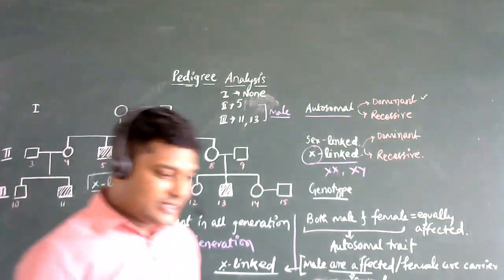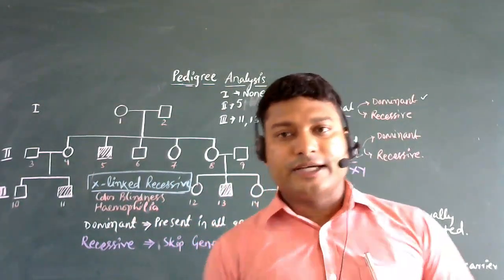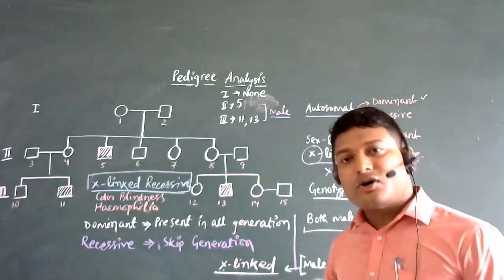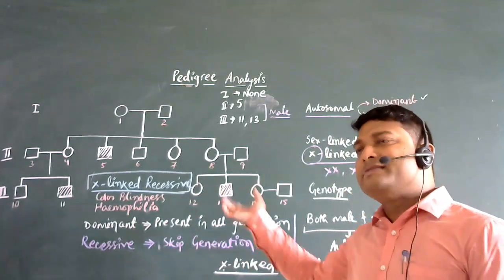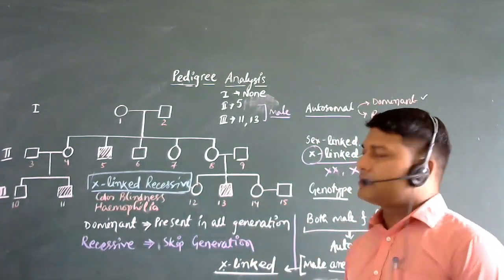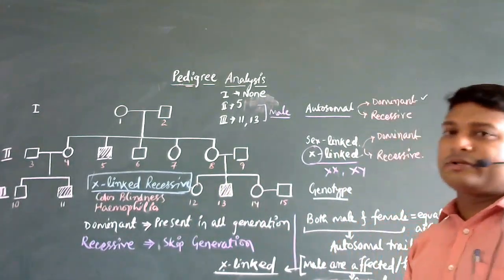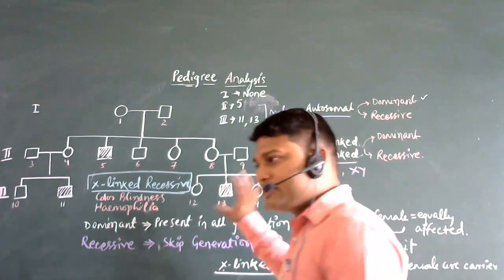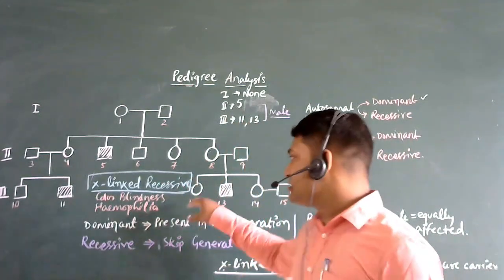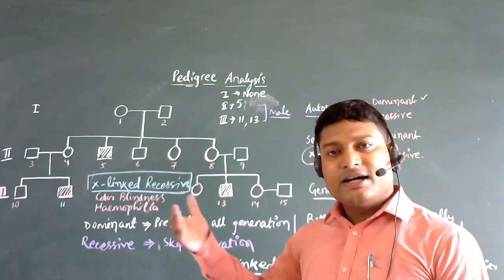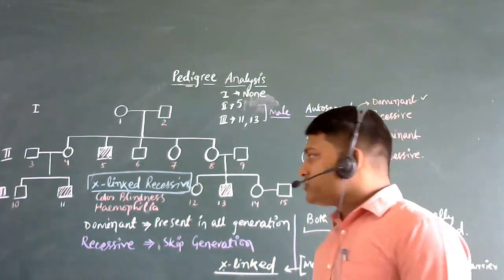Now sometimes in the examination the examiner will tell you that this pedigree is of color blindness or hemophilia, but many times they may not. If they tell you it is about hemophilia directly, based on your understanding of the theory, you'll directly say that this trait is X-linked recessive, because hemophilia and color blindness are X-linked recessive. Their inheritance pattern is X-linked recessive. So that's why you know directly.